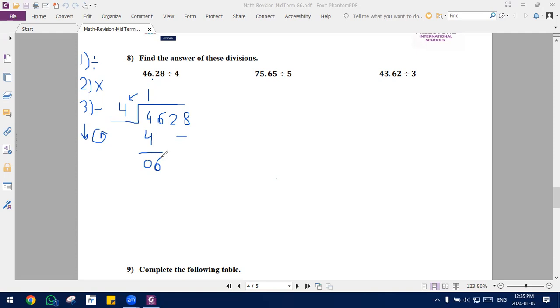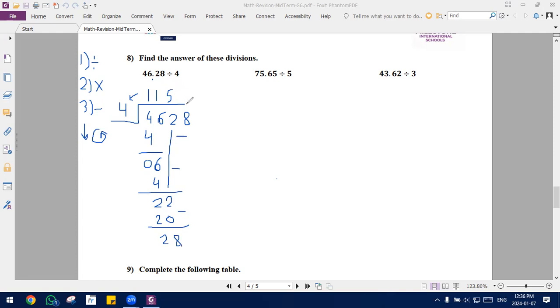Now repeat the steps. 6 divided by 4 is 1. 1 times 4 is 4. We subtract, the remaining is 2. Take one number down. 2. Repeat the steps. 22 divided by 4, 5. 5 times 4 is 20. We subtract, the remaining is 2. Take one number down. 8.